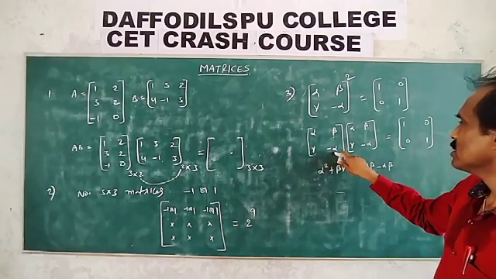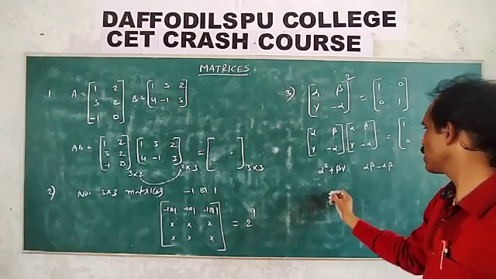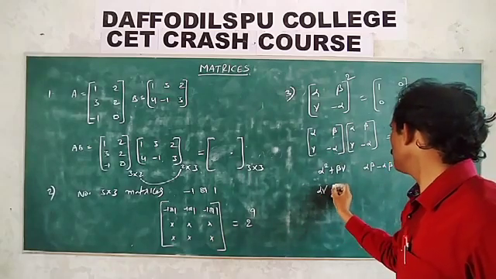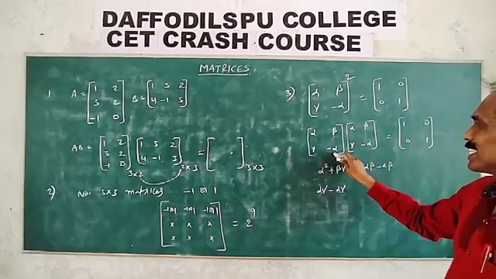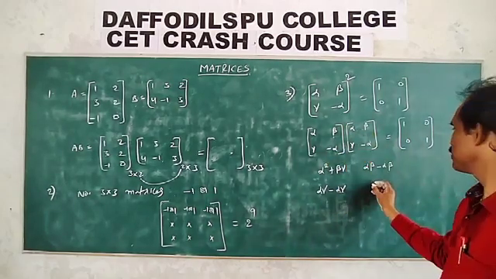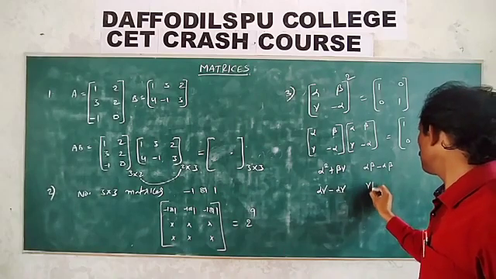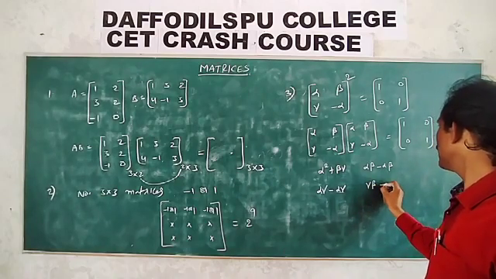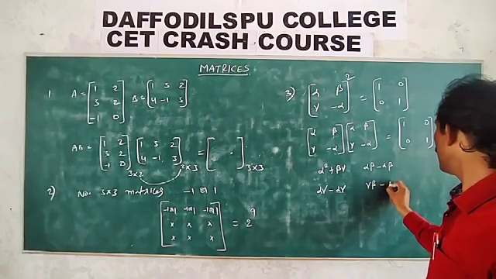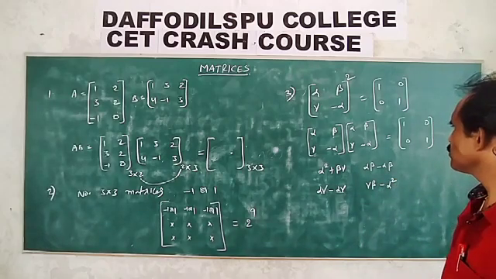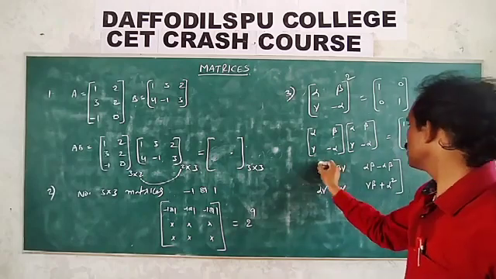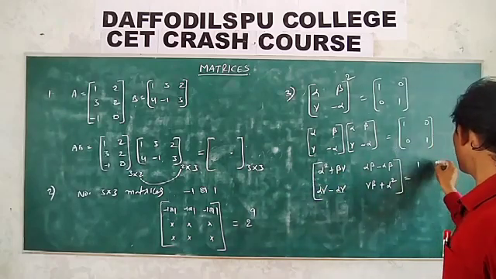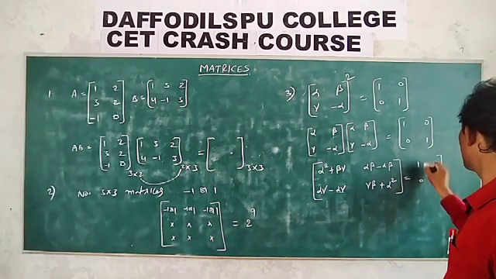Second row, first column: alpha gamma minus alpha gamma. Second row, second column: gamma beta plus alpha square, minus into minus. This is equal to [1, 0; 0, 1].